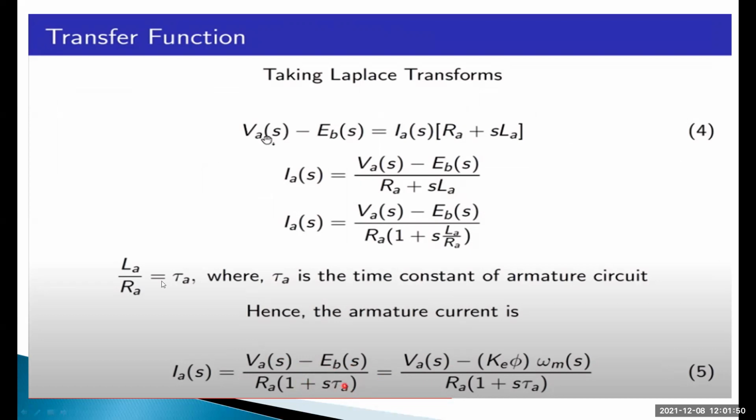Here Eb is equal to K into phi into omega, so substitute it and apply the Laplace transform: Eb of s is equal to K phi omega. We get Ia of s equal to V of s minus K phi omega divided by Ra into 1 plus s tau a. Like this, we get the armature current expression by applying the Laplace transform to the above equations.